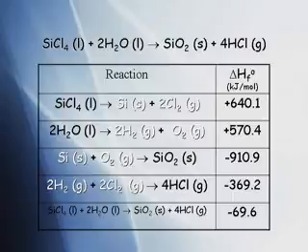We have the net reaction that we wanted, and now we just add the enthalpy of formations together, paying very close attention to the sign. And when we do that, we get a value of negative 69.6 kilojoules. And that is the correct answer. I hope your answer and your work matched mine. If not, you may want to go back to the beginning of the podcast and use a new piece of paper and see if you can work through this again and come up with the answer that matches the correct answer. Thanks.